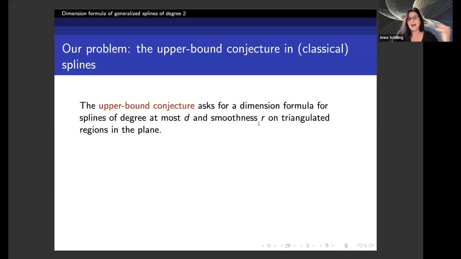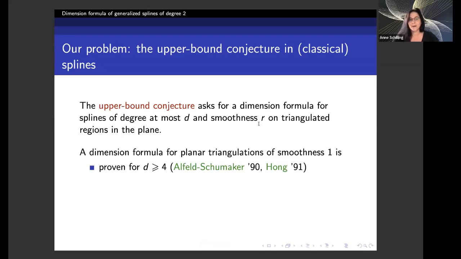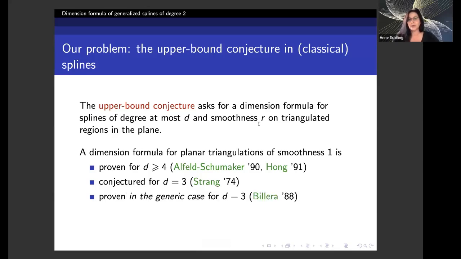In this classical setting, people usually look at triangulated regions in the plane. A dimension formula for planar triangulations of smoothness 1 was proven for degree greater or equal to 4 by Alfeld, Schumaker, and Hong. It was conjectured by Strang for degree equal to d, and proven in the generic case by Billera, but the problem is wide open for degree 2.